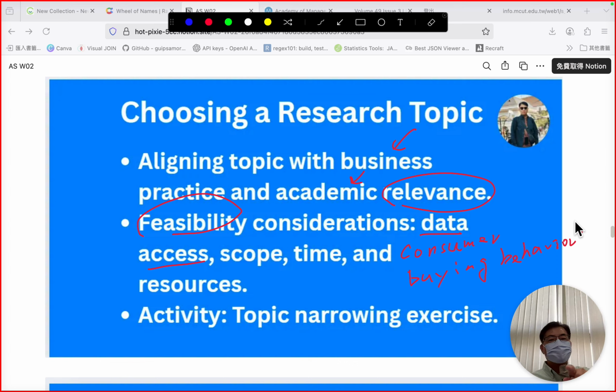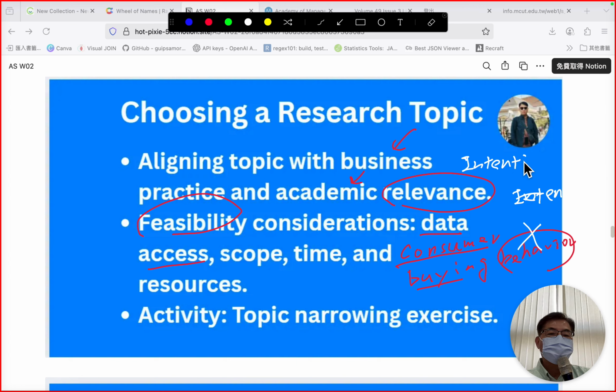So it's called data accessibility. Instead of studying consumer buying behavior, we will change to what? Not this one, but this one. Intention. Good. Intention is the independent variable of behavior. Let me say it again.